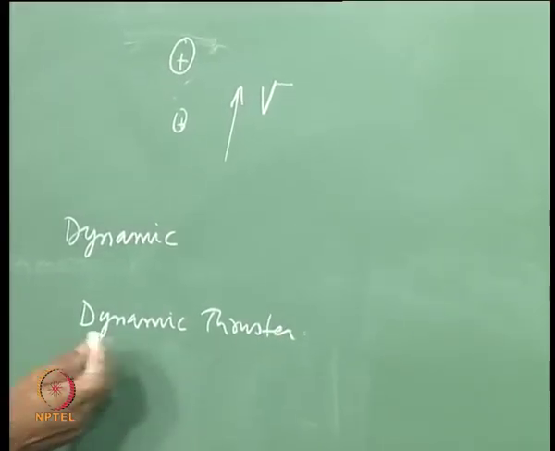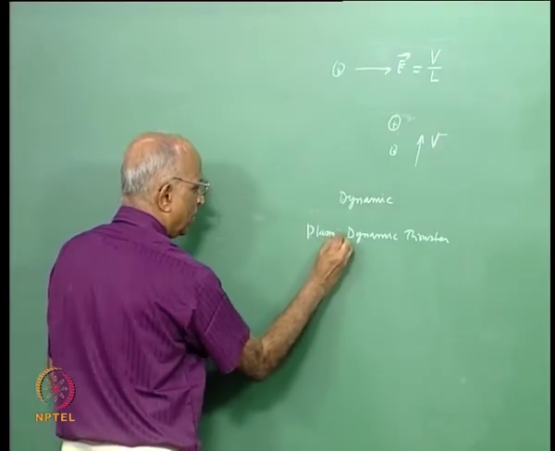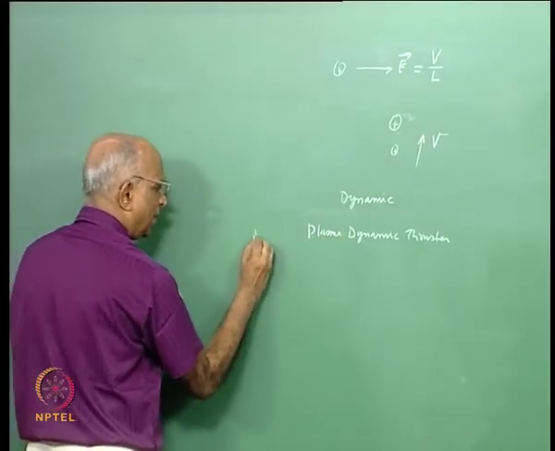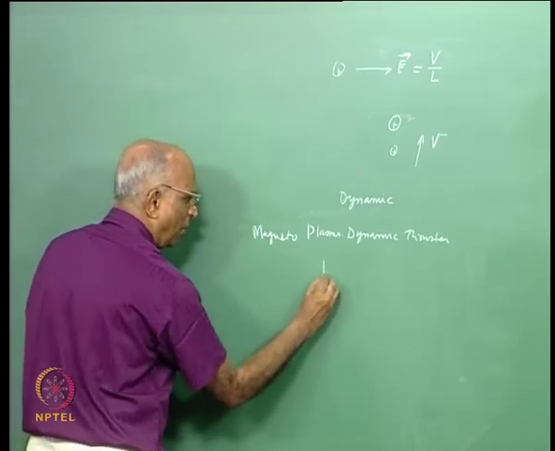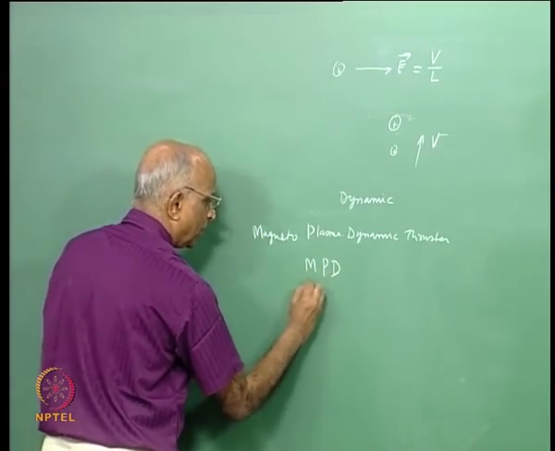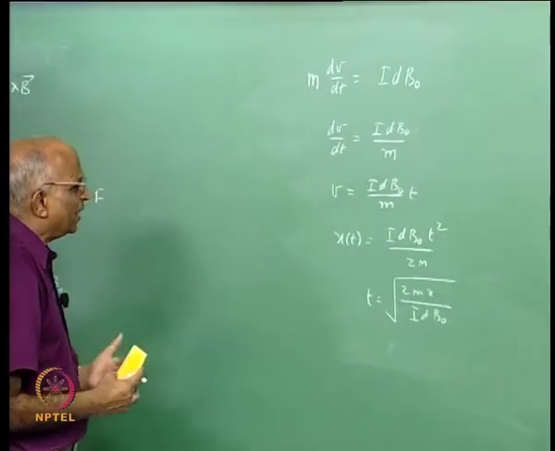If I have a plasma, it is known as plasma dynamic thruster. But most of the plasma is in a magnetic field, it is known as magneto plasma dynamic thruster or MPD.